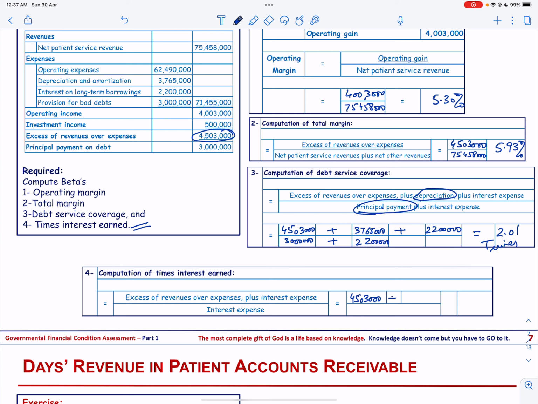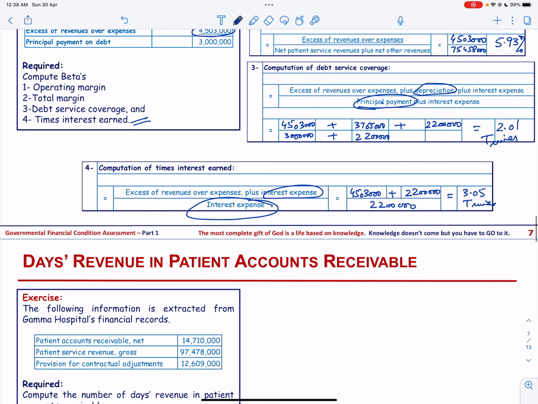To this we are going to add the interest expense, that is 2,200,000, divided by the interest expense, that is 2,200,000, and this is equal to 3.05 times.